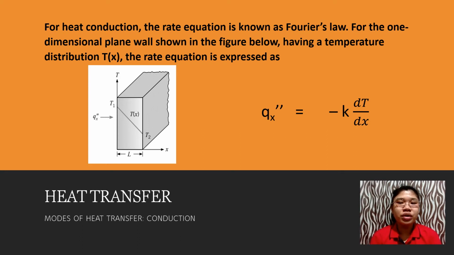As you can see in the figure, for the one-dimensional plane wall shown below, having a temperature distribution T(x), the rate equation is expressed as qx = -k dT/dx.